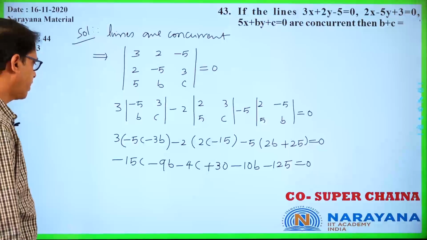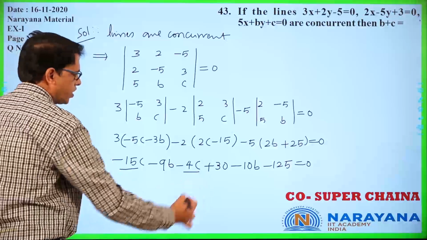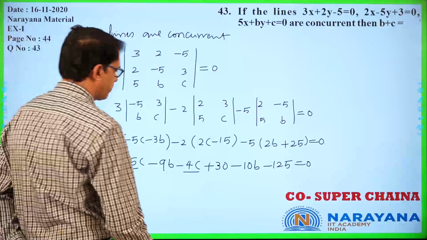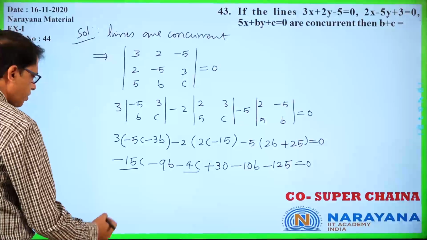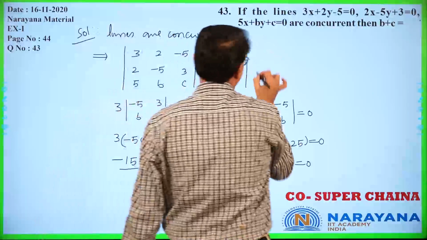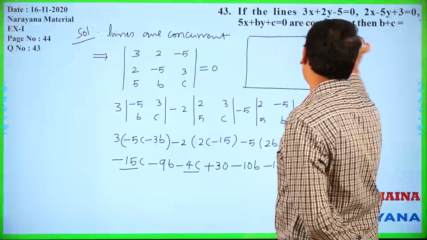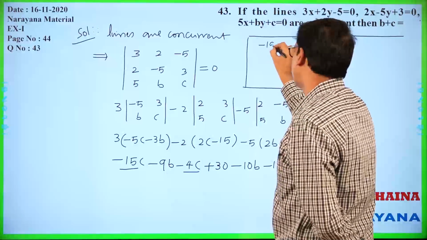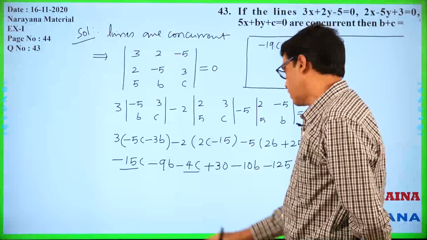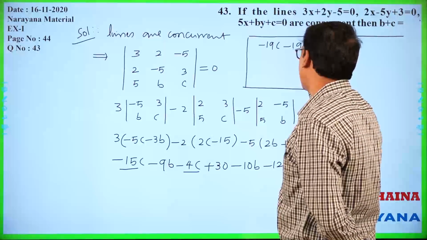Now if you simplify here, what we have? Minus 15c minus 4c is minus 19c, then minus 9b minus 10b is minus 19b again.